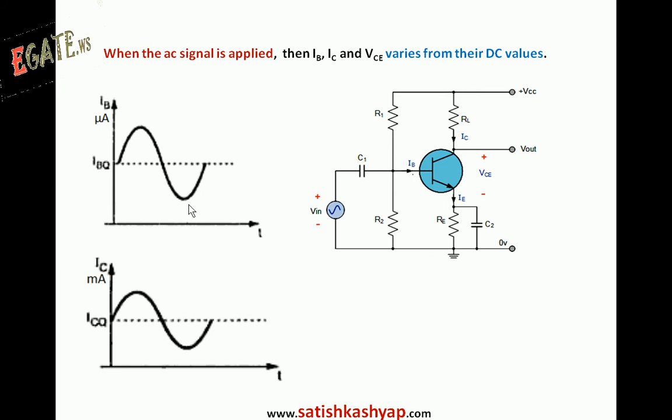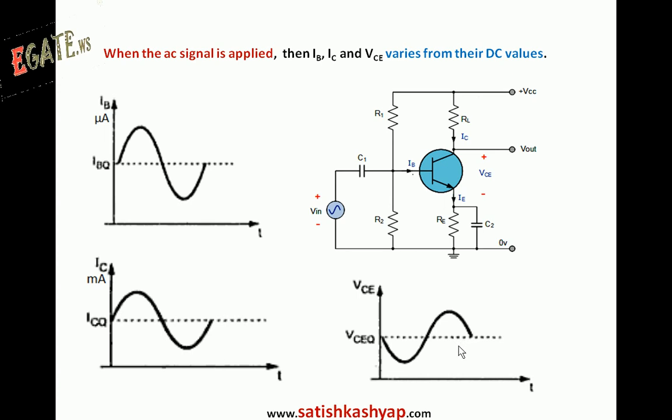IC is equal to beta times IB, and VCE is going to decrease. This is the manner: VCE is equal to VCEQ. As IC increases, voltage drop across the load resistor increases, so the voltage from collector to emitter effectively reduces. So this will take this shape.